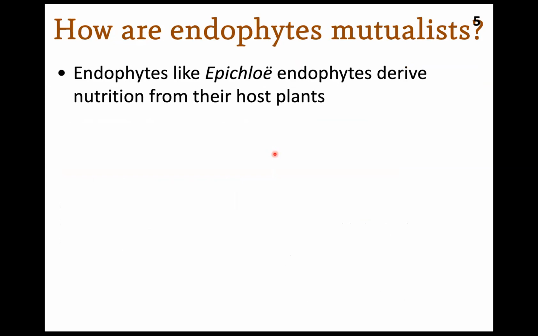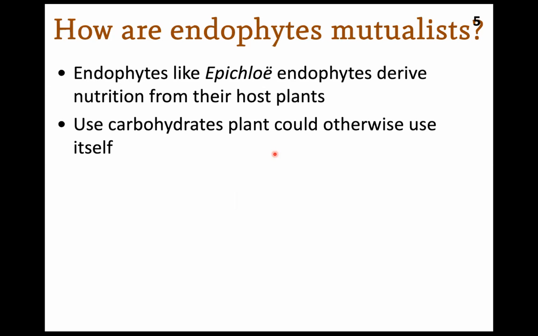Endophytes like epicloe derive their nutrition from their host plants. They consume sugars that the host plants make by photosynthesis. And the point here is that the plants could use those sugars themselves if the fungus wasn't using them, for growth or reproduction, whatever it happens to be.